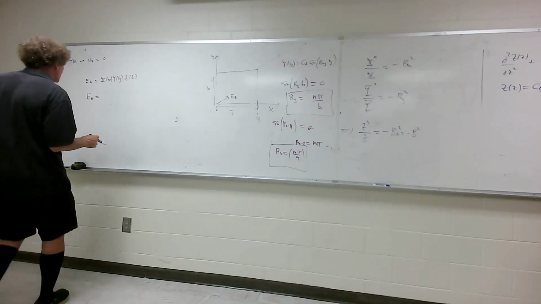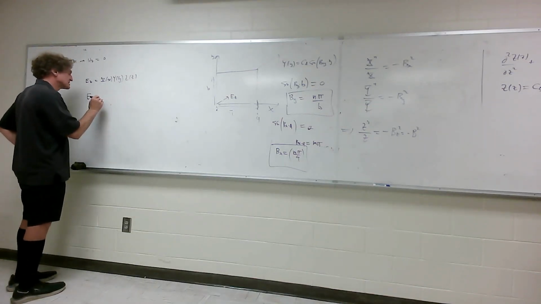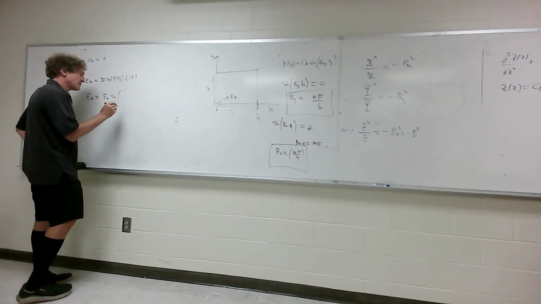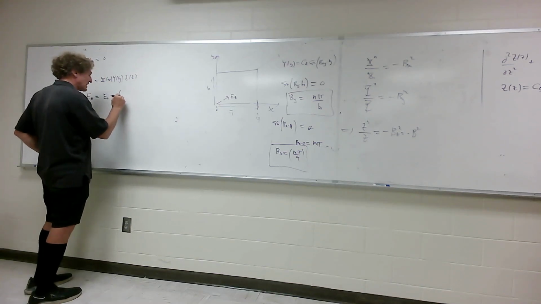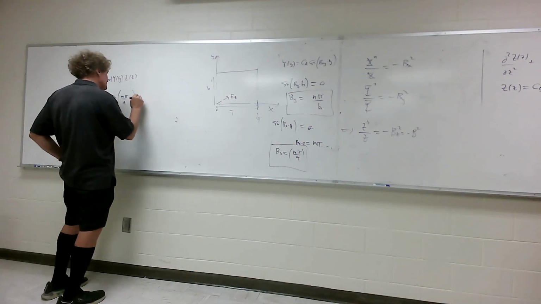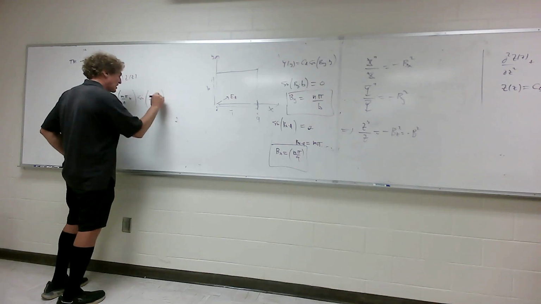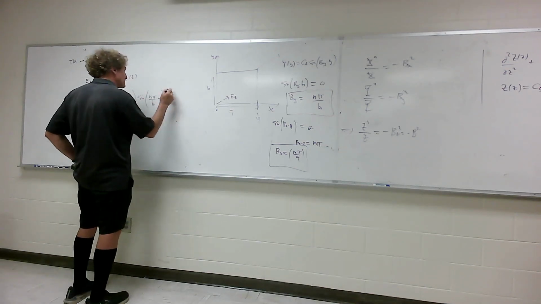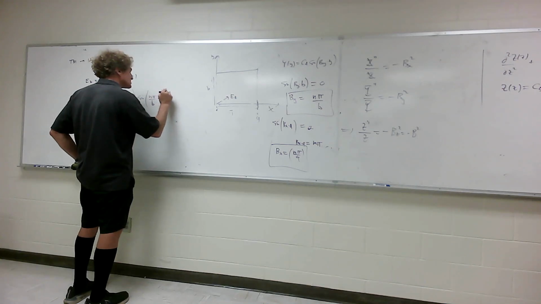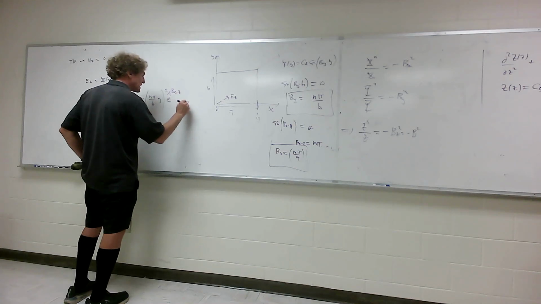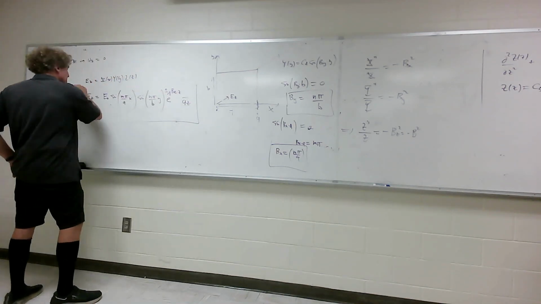What we normally do is group all those constants into E naught, and then it's times the sine of m pi over a times x, times the sine of n pi over b times y, times e to the plus or minus j beta z times z, in the a z direction. And that is the phasor form of EZ.